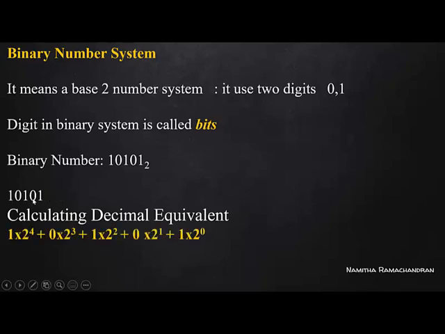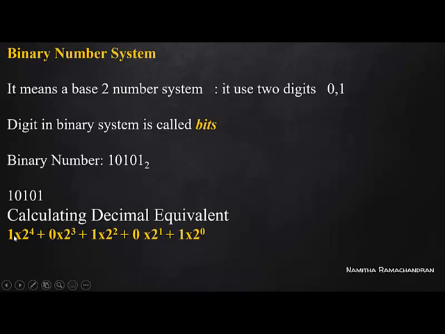We need to calculate the positional value, but the difference is that here the base is 2. So the value of this 1 is 1 into 2 to the power 0. The positional value of this 0 is 0 into 2 to the power 1. This 1 is 1 into 2 to the power 2. This 0 is 0 into 2 to the power 3.